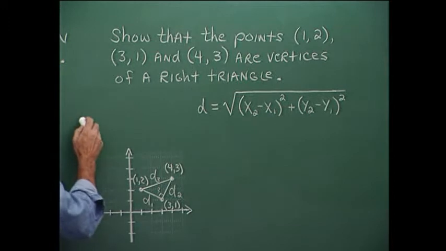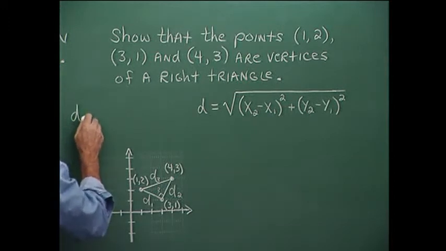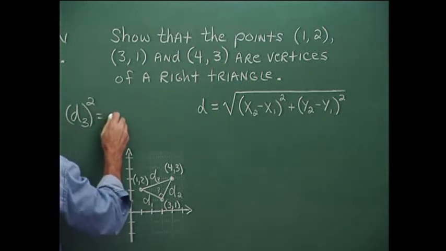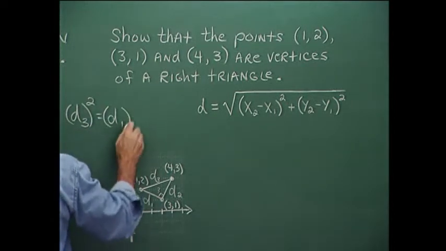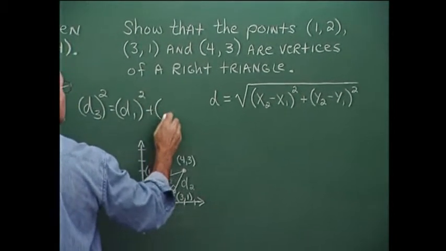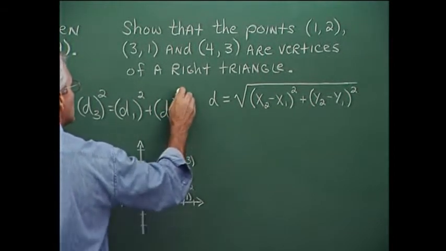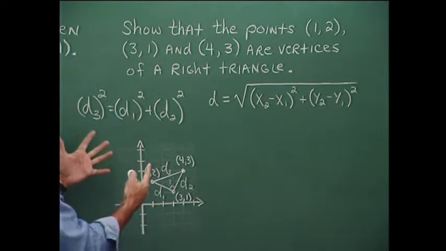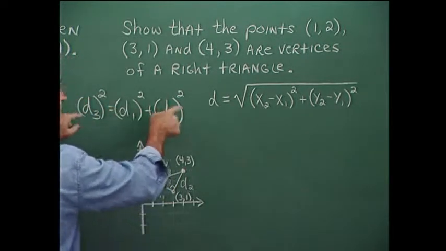So we're saying, is it true that D sub 3 squared is equal to D sub 1 squared plus D sub 2 squared? Is that true? Well, we only know by calculating these 3 distances and then putting that information into this model.